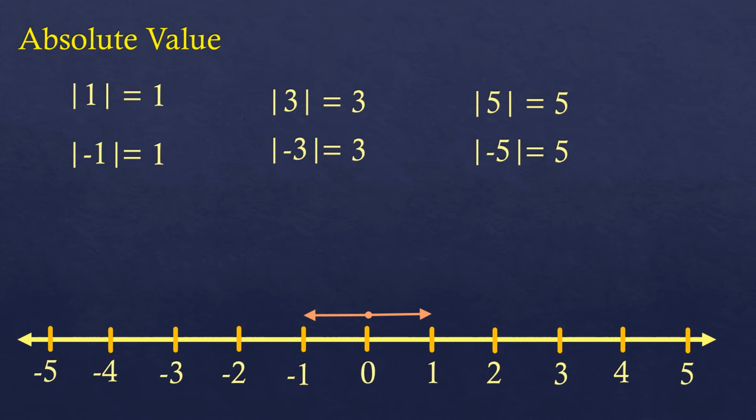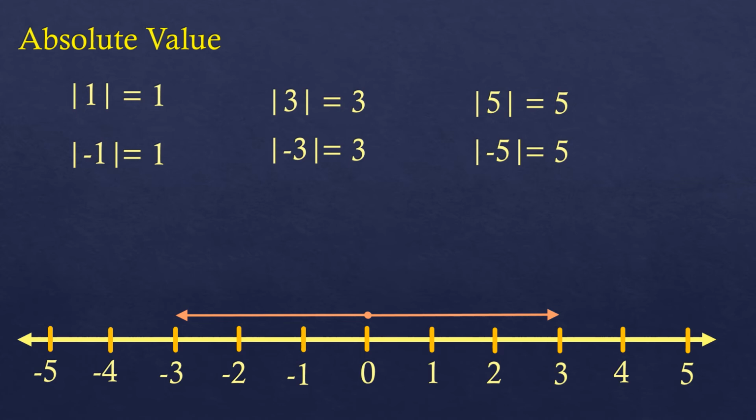It's 1 unit as well. Same with the absolute value of 3. What is the distance of 3 from 0? That's 3 units. That's why the answer there is positive 3. And the absolute value of negative 3 is asking for the distance of negative 3 from 0. So that's why it's 3 units. That's why it's also positive 3.